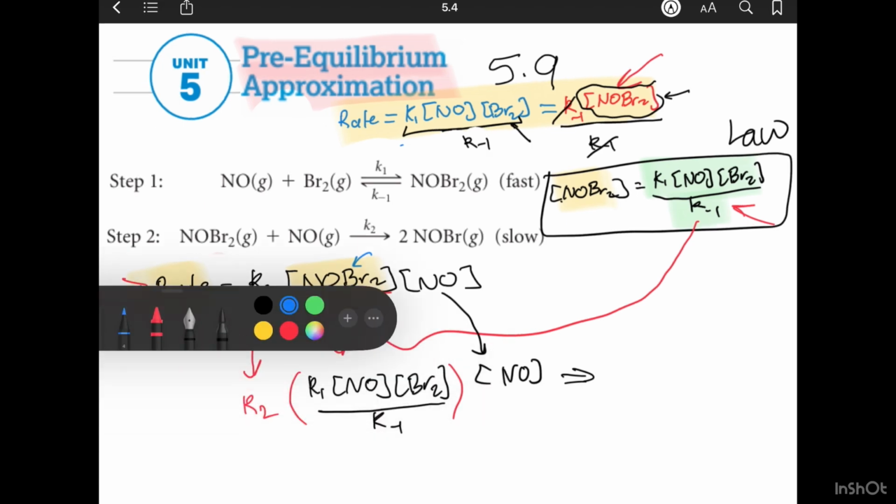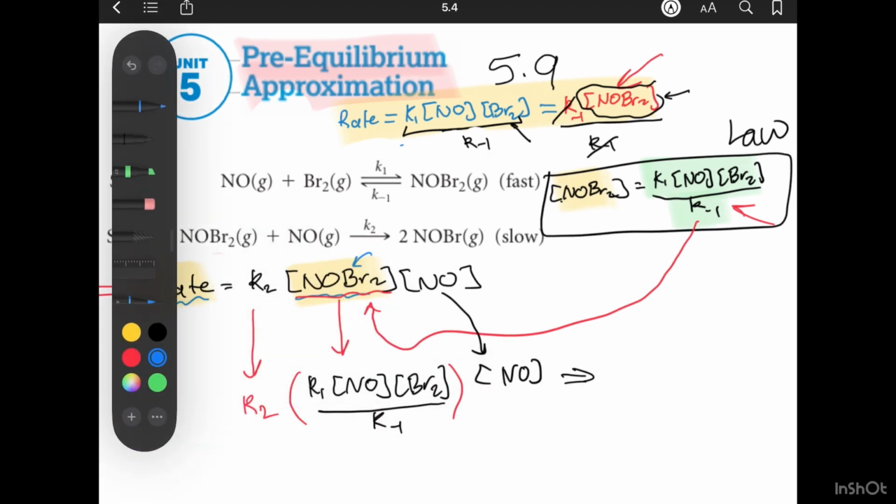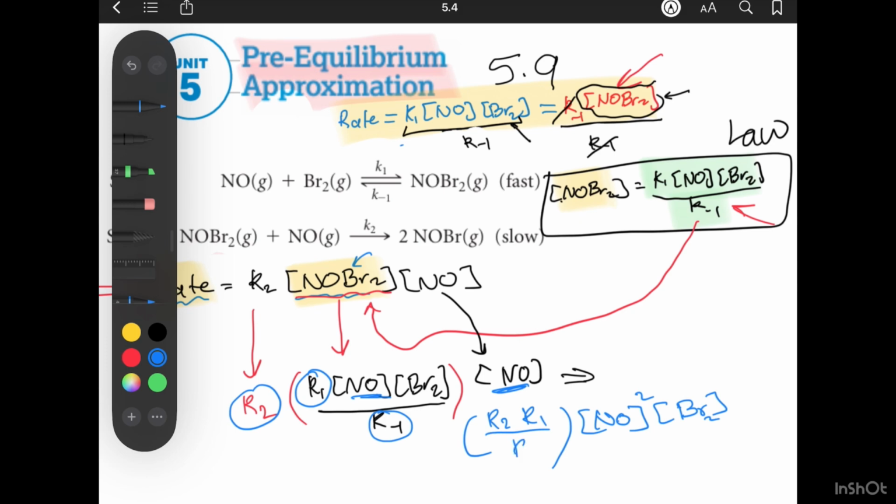If you make some rearrangements, you can notice that you have NO here and NO here, and then it becomes NO squared, and the Br2 remains as it is, not changing. And we have k-1, k1 and k2, so we can say this is k2 k1 over k-1. We can represent all of these k's in terms of another k, which is kobs, which means k observed.